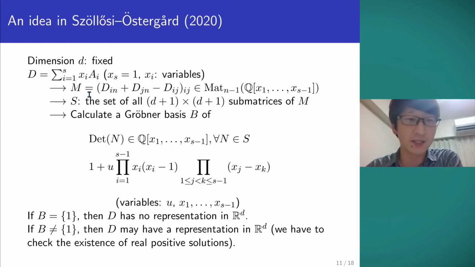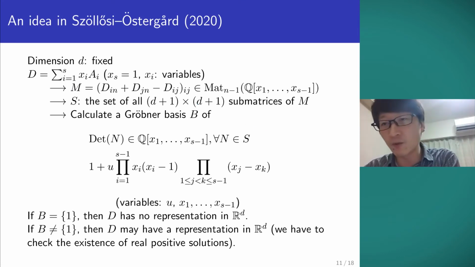This corresponds to the distance matrix, but the x_i are variables now, and by some normalization, we may put x_s equal to 1. Now we can construct the matrix M like this, where D_ij means the ij entry of D. So this M is the Gram matrix of this distance matrix, actually.